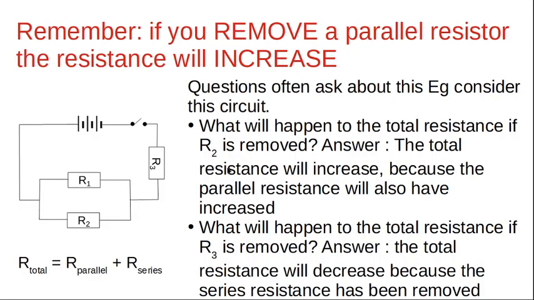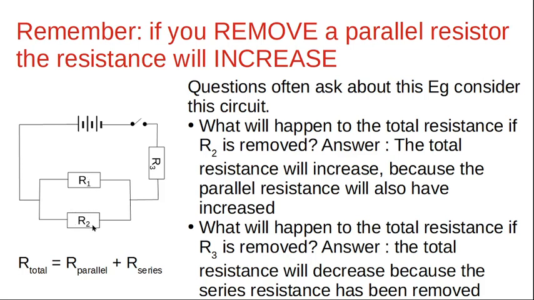Okay, this is the other thing that often comes up in questions that you have to pay attention to. If you're going to remove a parallel resistor, the resistance is going to increase. So now remember here, two resistors in parallel have a lower resistance than either of these two resistors by themselves, okay, because of the way parallel resistors work.